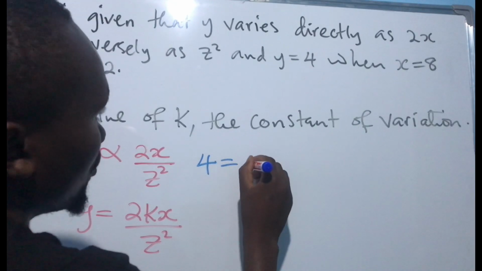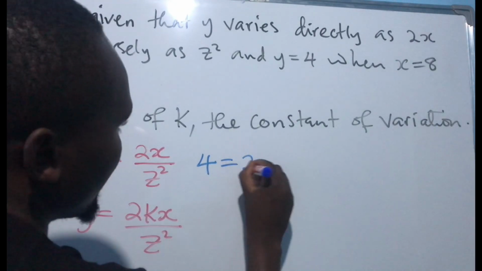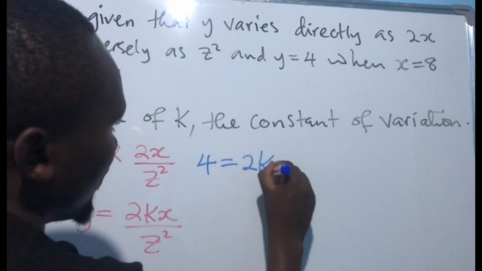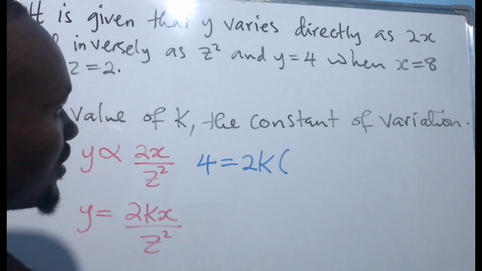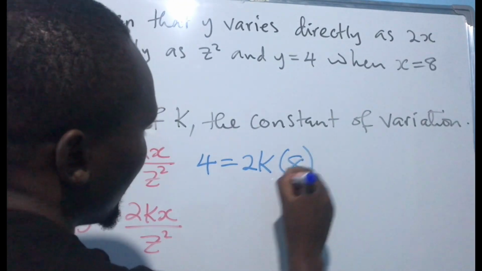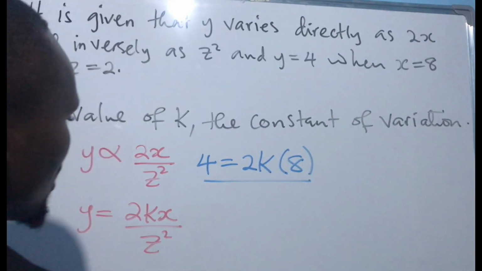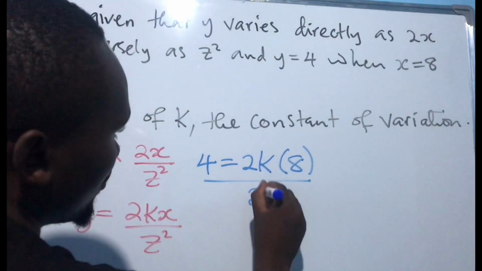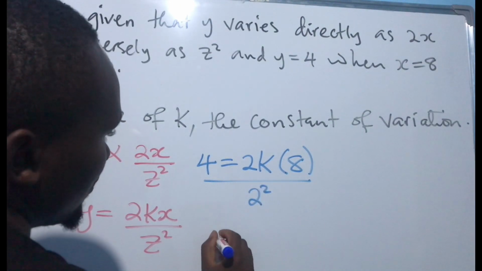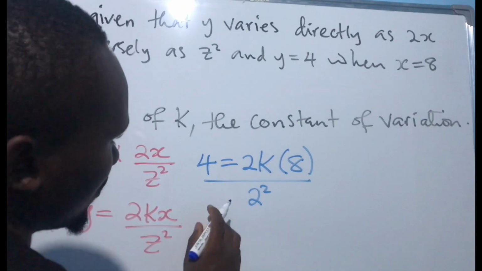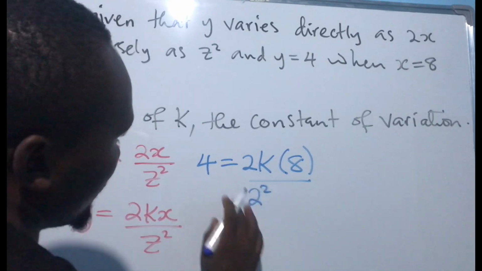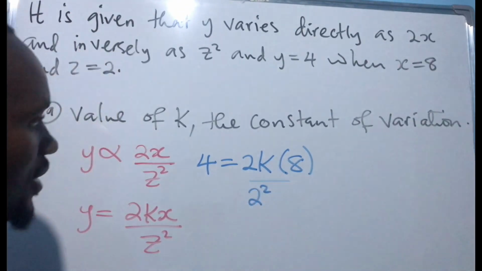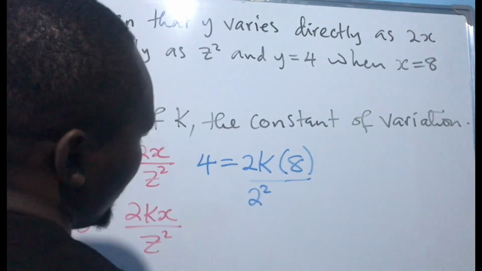So 4 will be equal to, where there is 2 we write the 2, where there is k we put k, then where there is x we put the value of x, which is 8, over, where there is z we put the value of z, which is 2. So this is going to be 2 squared. Now this is not coming from up to that side, it's just this side.